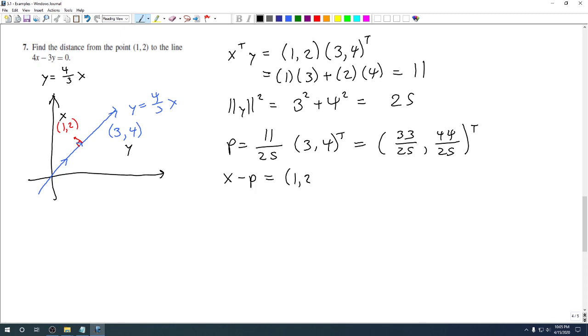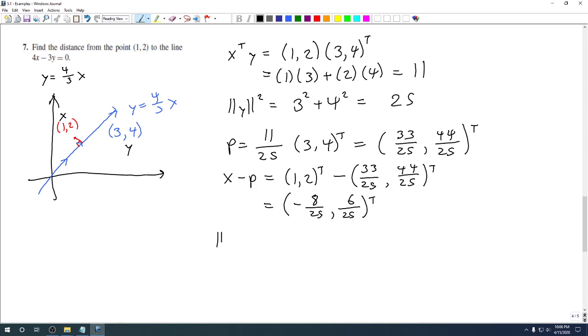So what is (1, 2) transpose minus this, a little bit cumbersome, (33/25, 44/25) transpose? Turns out it's not too bad. 1 minus 33/25 is actually negative 8/25. And 2 minus 44/25 is 6/25.